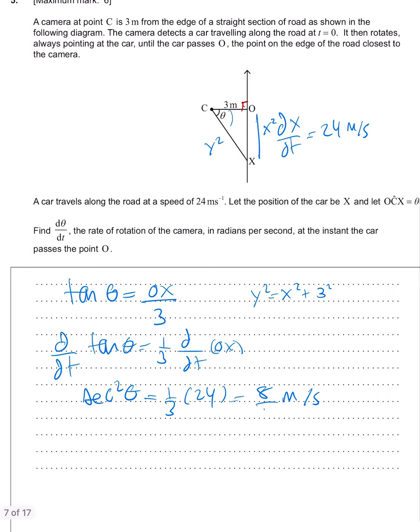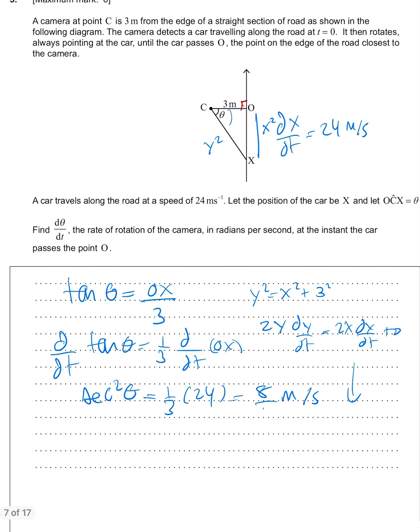With respect to t? 2y dy/dt equals 2x dx/dt plus 0, okay? So we have dx/dt equals y over x dy/dt. I'm not sure that's helping me a whole lot, because this is not a constant, so that's not very helpful.